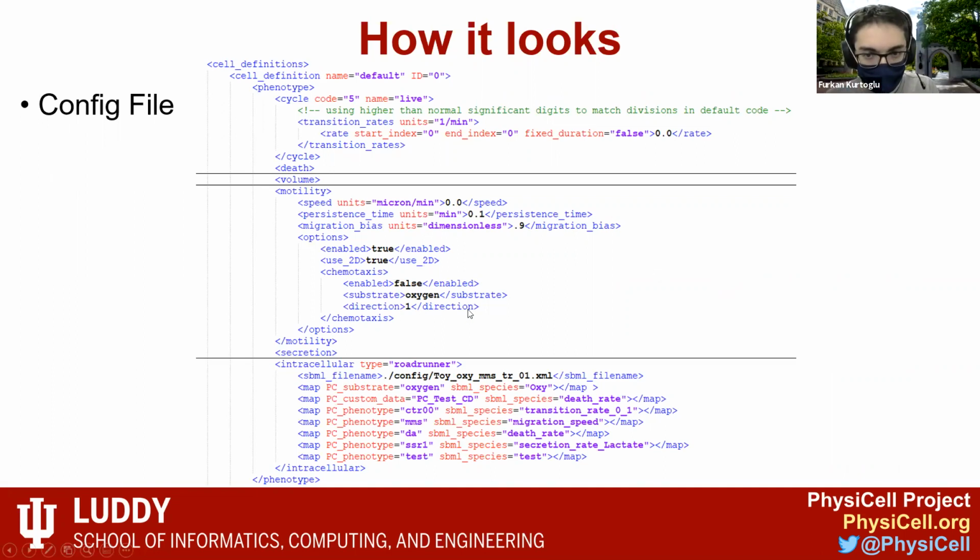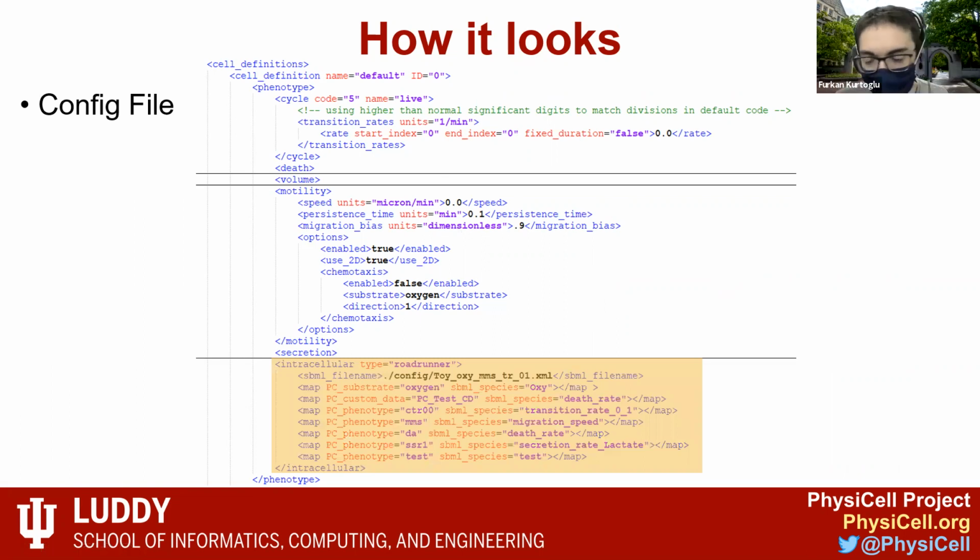So how does it look? This is our configuration file, very old and very friendly. In here, there are cell definitions with the name default, and cycle, volume, motility, secretion, and then the intracellular part. The intracellular part starts with the name of the add-on. In this case, it's Roadrunner.